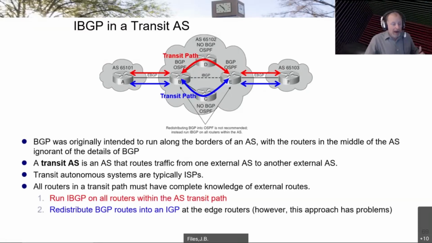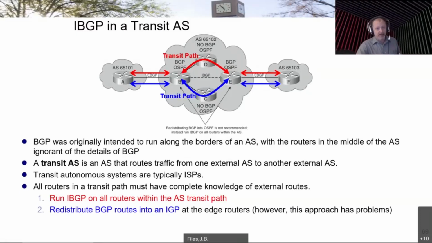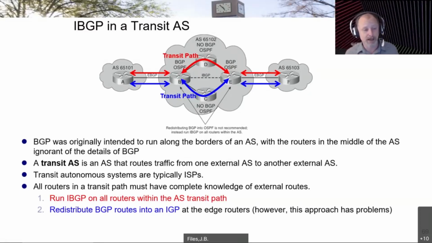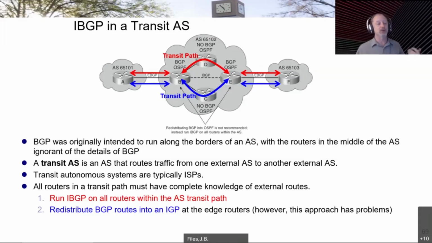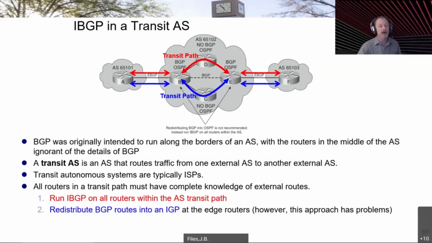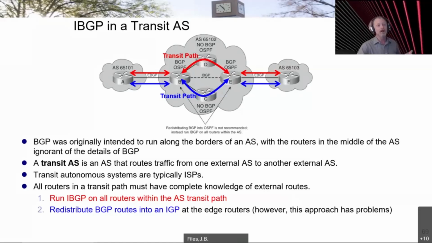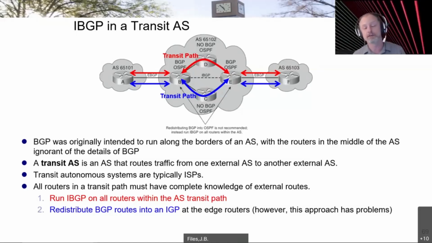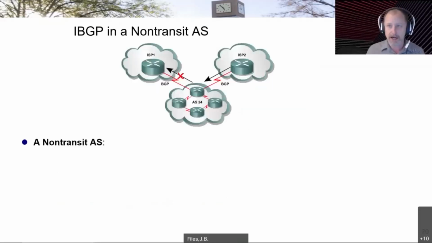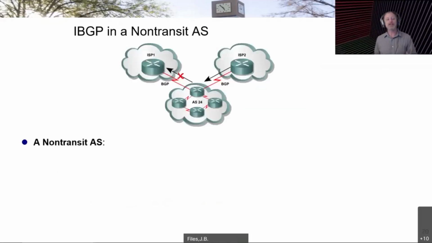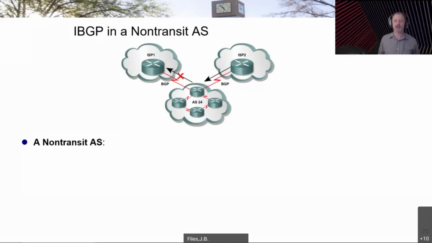All routers in the transit path have to know about all those routes. Again, two options to accomplish that: run iBGP on those routers, or redistribute those BGP routes into the interior routing protocol.